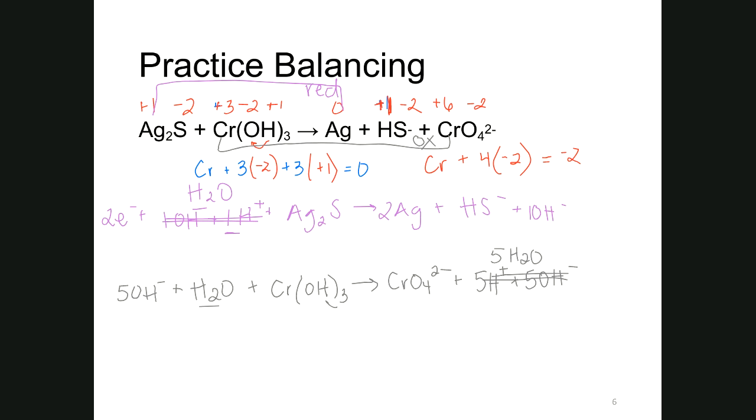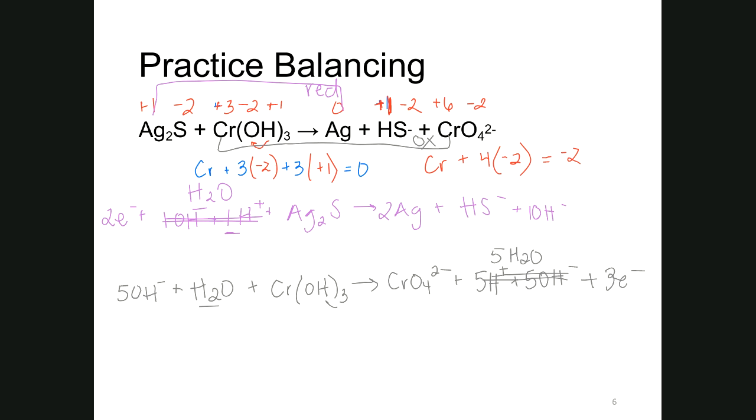So for the charges, I have an overall charge of -5 on the left and an overall charge of -2 on the right. So to go from 5 and 2, I can add 3 electrons on the right side. Now I have a -5 charge on both sides of my equation.